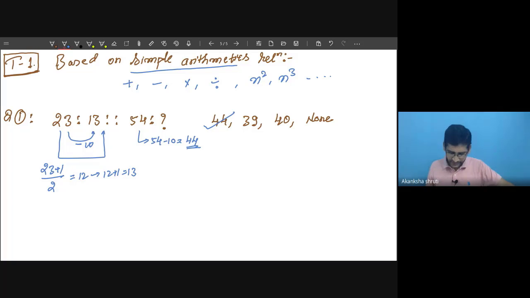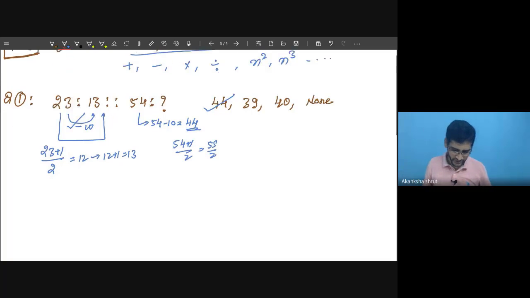Whether that relation is followed here, we are observing such kind of relation is not followed here, because it becomes 54 plus 1 by 2. It is not giving any simple number or integer. Means it is 55 by 2 itself. So it is not in option. So no need to think for this one. Even this very first, taking the difference based is enough for this question.